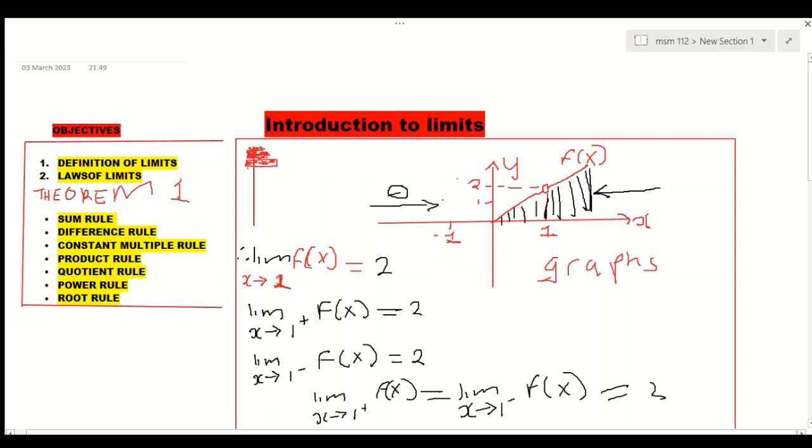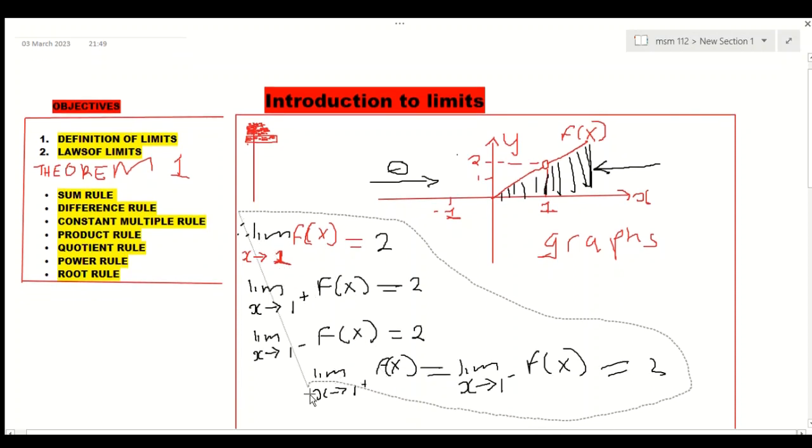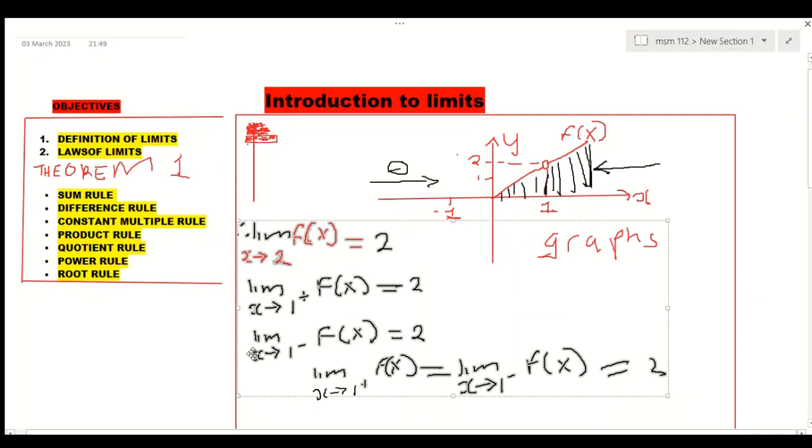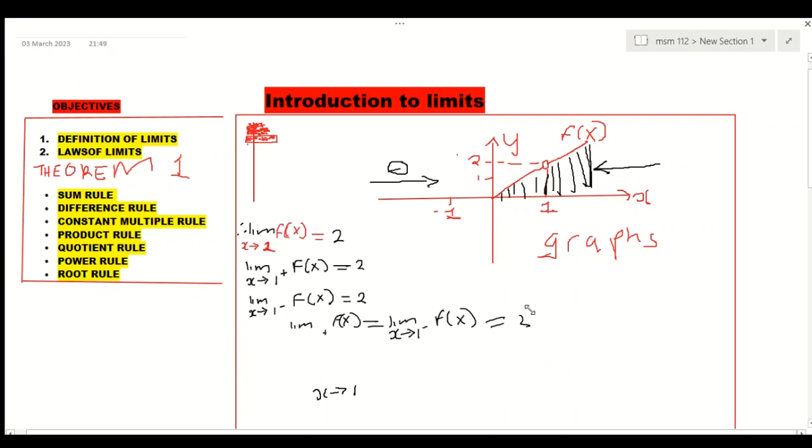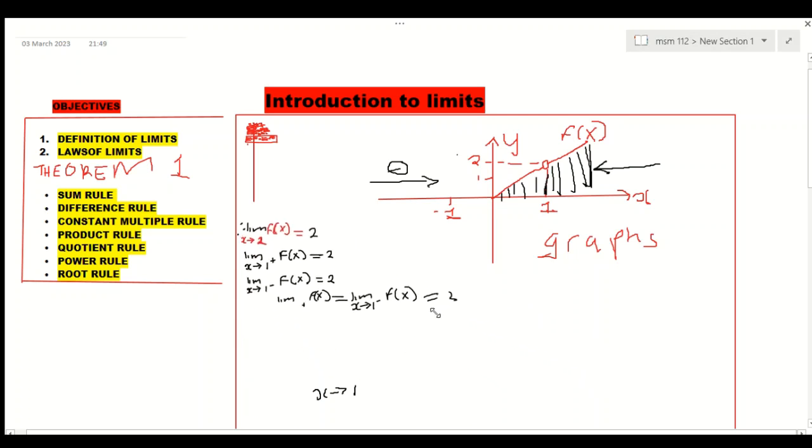Now there is one other question which may come on the same graph. So before I go to that one, let me reduce this.